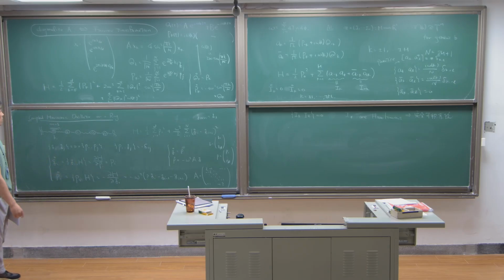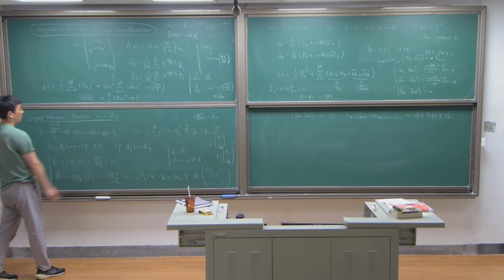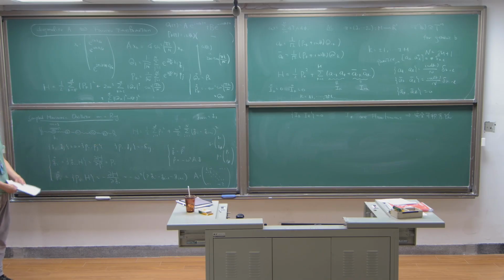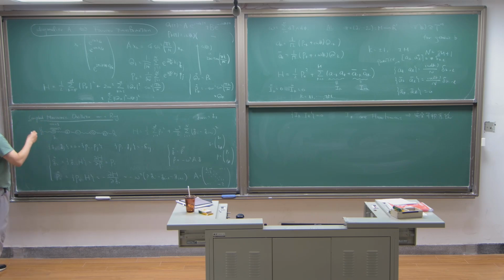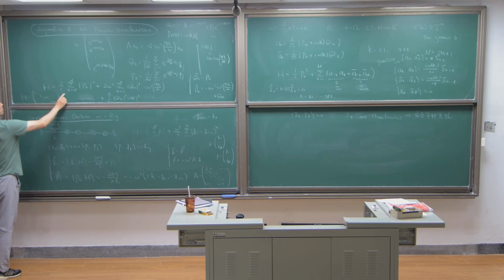Okay, so what we did is just start with the coupled harmonic oscillators, write down the Hamiltonian this way, and then find the new basis so that everything is diagonalized. In any case, the Hamiltonian can be written as essentially one half sum of omega_k, omega_1 to omega_N, times capital P and capital Q squared, so the Hamiltonian is really diagonalized.